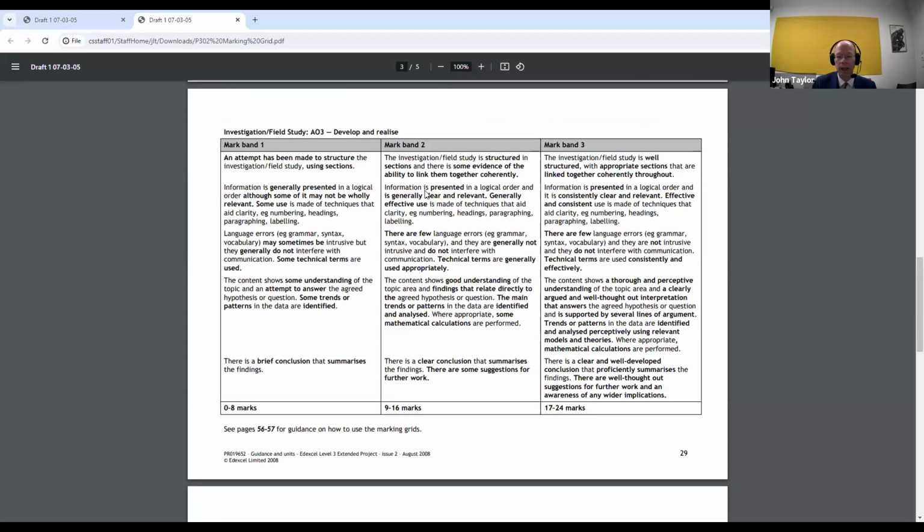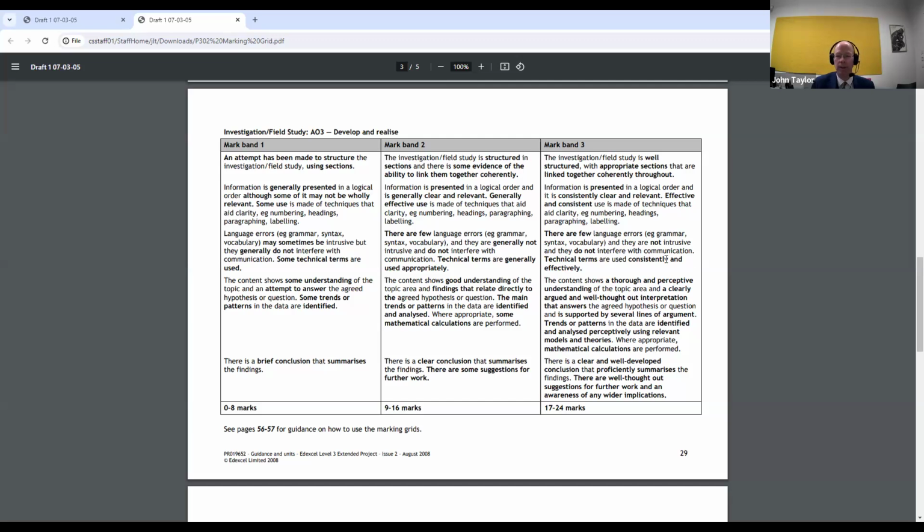In AO3, the emphasis is similar: well-constructed, good academic writing with good use of language and technical consistency and effective technical language. And again, not so much direct argument to counter-argument, but real thoughtful, perceptive analysis and interpretation of the topic area and the different possible answers that can be given to the question or hypothesis.